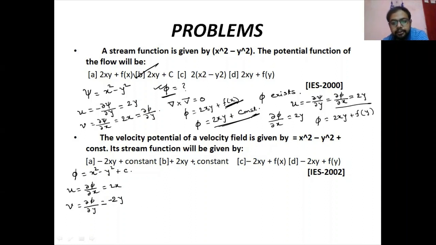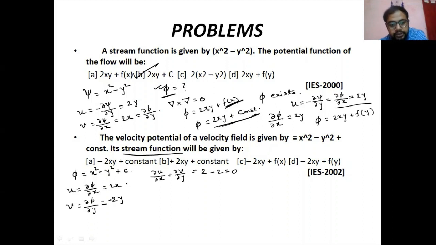Then you have to check whether it is an incompressible flow. If it is not an incompressible flow, it will not satisfy. So for checking incompressible, du/dx plus dv/dy should be 0. du/dx here is 2, dv/dy is minus 2, so it is 0. So it is satisfying the incompressible equation.